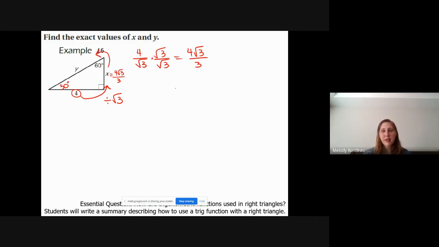If you're not super comfortable with that, put a 1 under your 2, multiply straight across. Remember the outside numbers multiply by the outside numbers, inside by the inside. So 2 times 4 will be 8. We do not multiply the 3, it stays inside. And then on the bottom 3. So Papa Bear, or the hypotenuse, is 8 root 3 over 3.